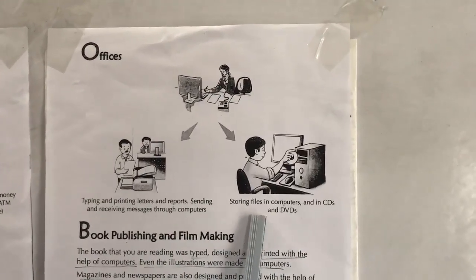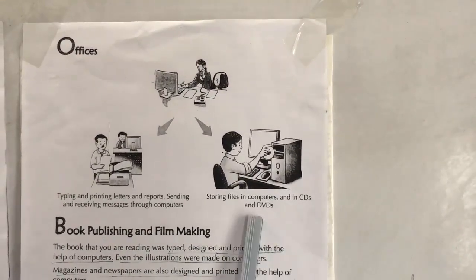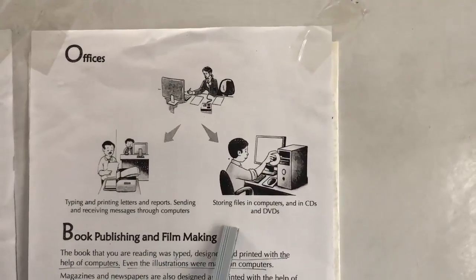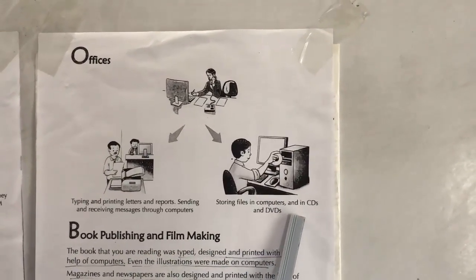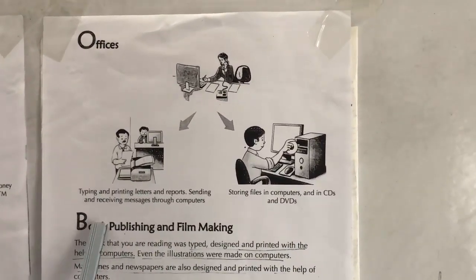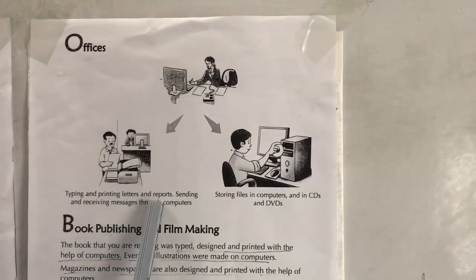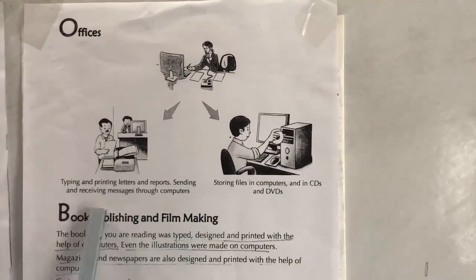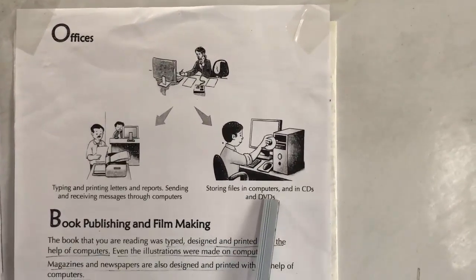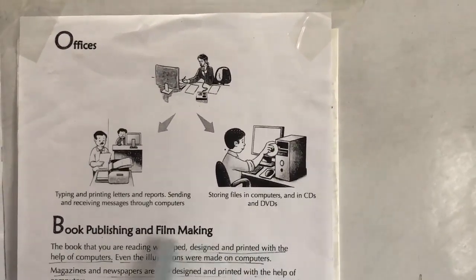Next one, storing files in computers and in CDs and DVDs. So we use computer in the offices for typing and printing letters and reports, sending and receiving messages, and storing files in computers and in CDs and DVDs.